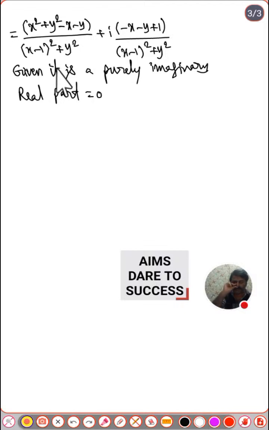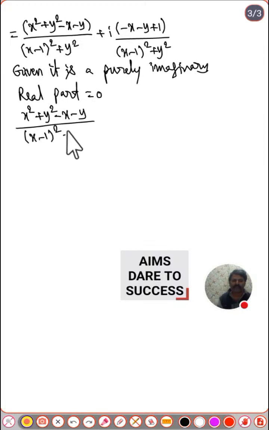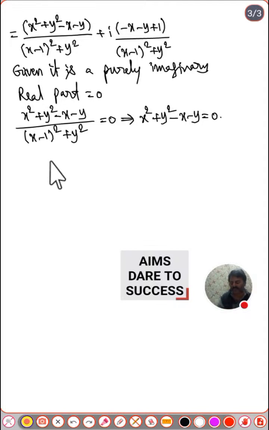Real part 0, then that number is purely imaginary. So the real part value, (x square plus y square minus x minus y) divided by ((x minus 1) whole square plus y square), is equal to 0. Then cross multiply, my dears, we get x square plus y square minus x minus y is equal to 0. This is the locus of P.